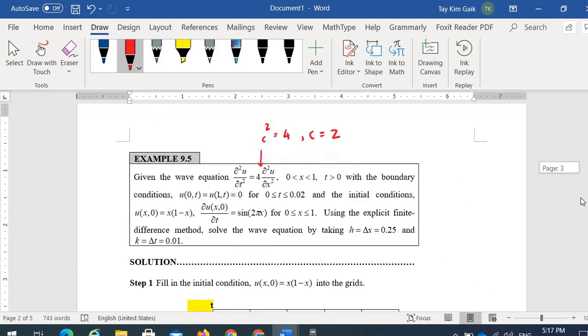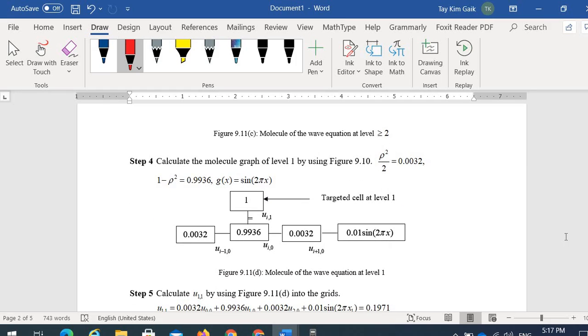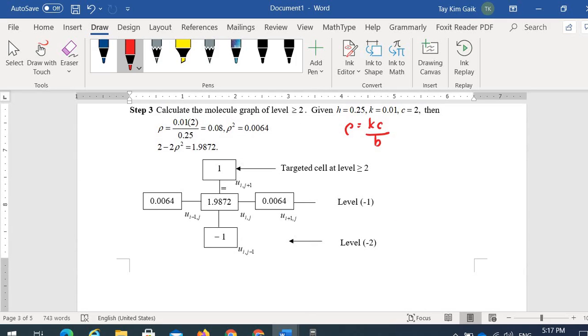And the initial velocity. So if we draw that 2-level molecule, this is 1 minus rho squared. Actually from here, we divide by half. So you get 0.0032. Okay, the right cell is also 0.0032.